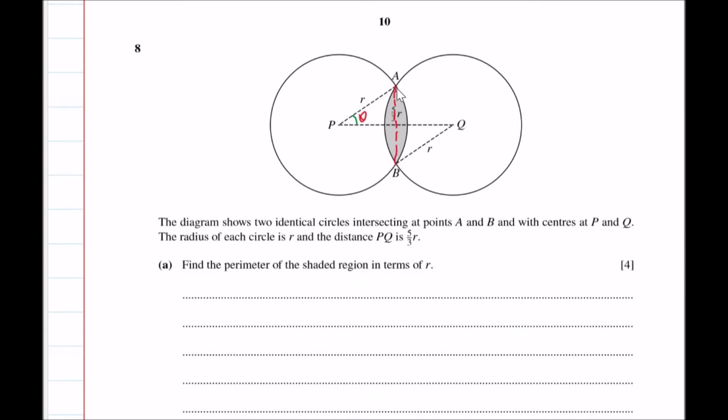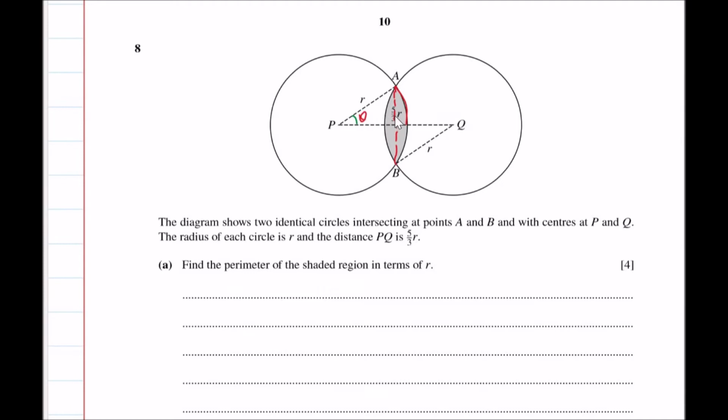In that case, we can find this arc length and this arc length. If you find the full perimeter, that arc length will be multiplied by 4 because there are 4 such parts. Now let us see how to find theta.